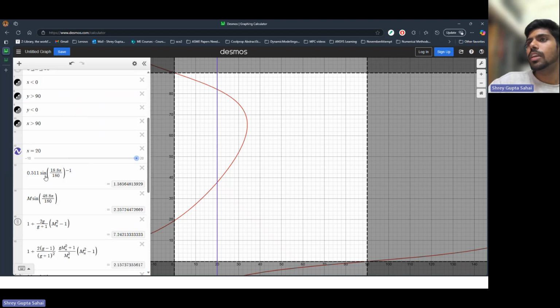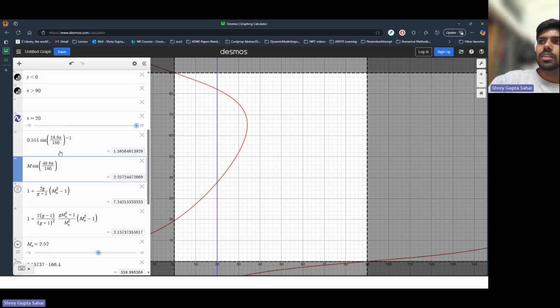M is 3, so M sine 37.6. One more thing, I've done this pi by 180 multiplication to ensure that we can put values in degrees, but the function takes the values in radians.